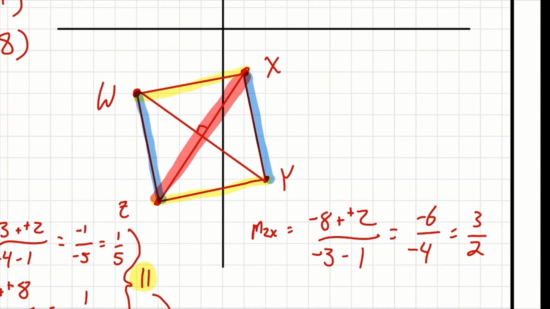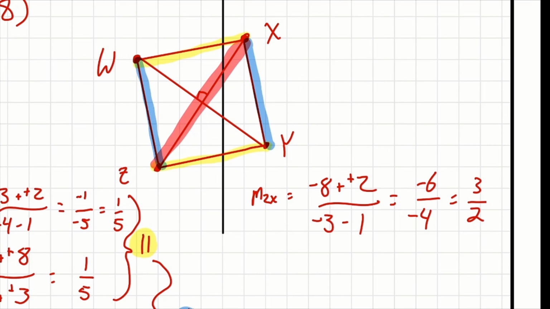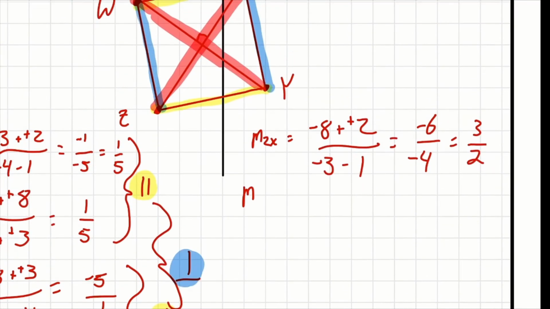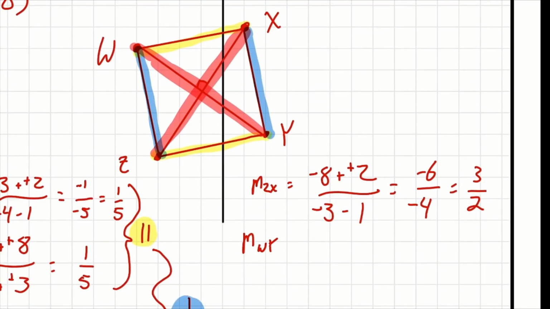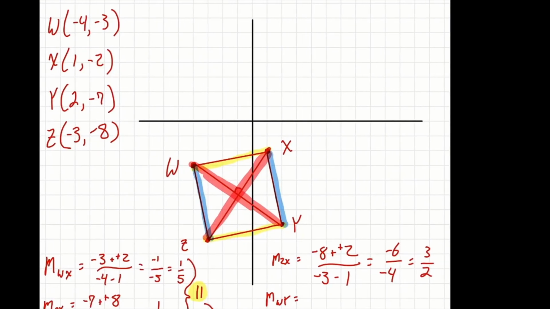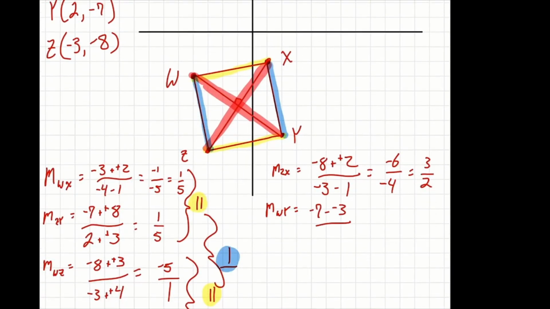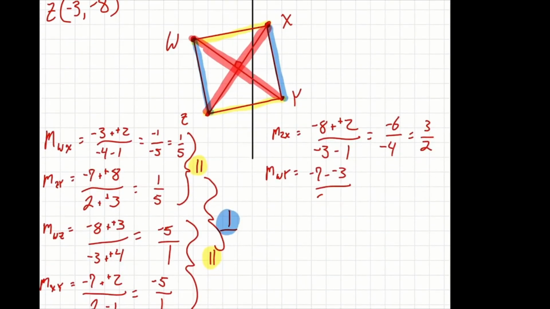Which now tells me that the slope of the new one, or the last diagonal, I'll highlight it. So this one that I'm highlighting right now has to be negative 2/3 if it is in fact negative reciprocals. And we're going to check that right now. So the slope of WY equals negative 7 minus negative 3 over 2 minus negative 4.